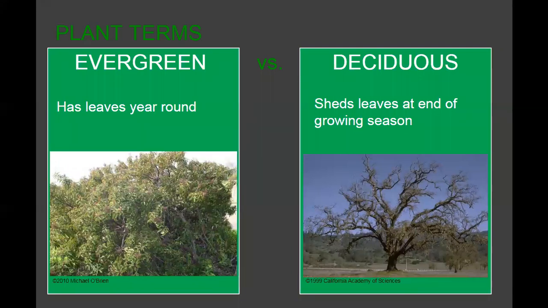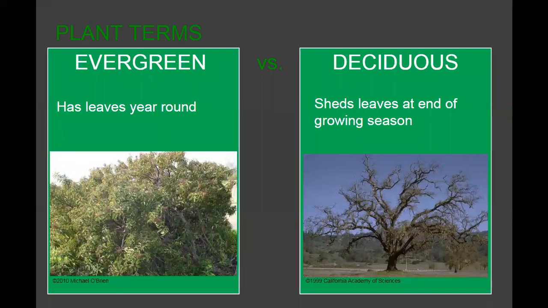Deciduous is a plant, so kind of thinking of the East Coast, that sheds its leaves in the autumn. Here in the Santa Monica Mountains, Los Angeles, San Gabriel Mountains, we have some drought deciduous plants.